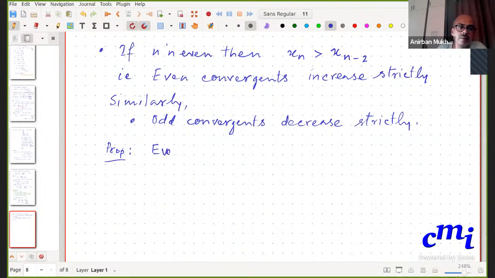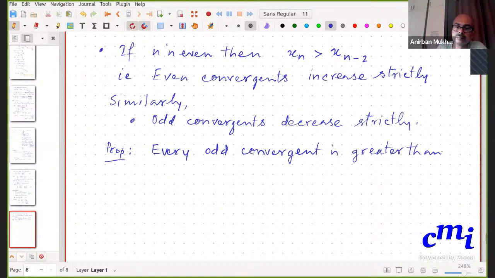Every odd convergent is greater than any even convergent.